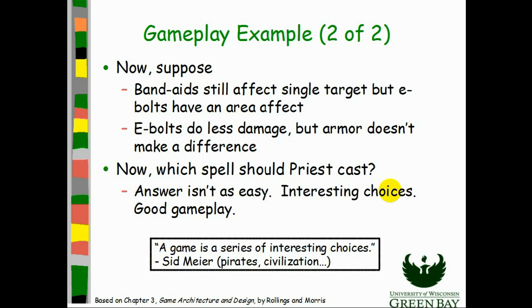So they do less damage, but over time, it propagates out. So your E-bolt is going to kind of explode on impact and hit other creatures near it. So the position of those creatures matters, and they're going to be moving towards you, so their position is going to be changing constantly, which means they're going to be accumulating different values of damage. So all of a sudden the answer isn't easy, and now we have interesting choices.